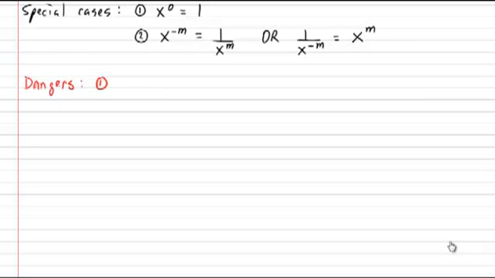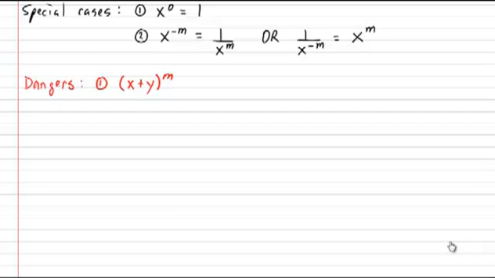It's what happens when you have the following. In a bracket, you don't have a product, but you have an addition, x plus y, let's say. And outside the bracket, you have an exponent, let's say m. You might tend to think that you distribute the m to the x and to the y, but actually you don't.